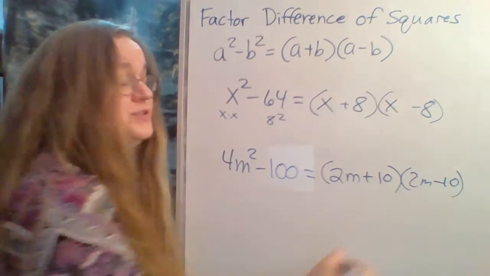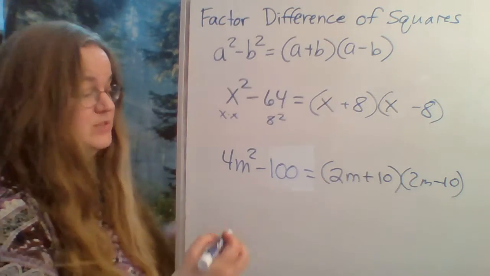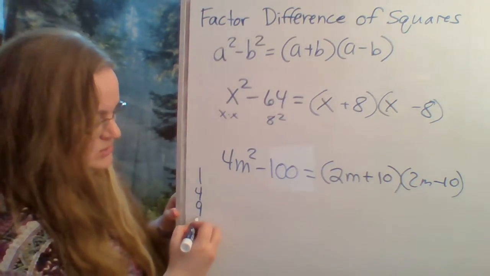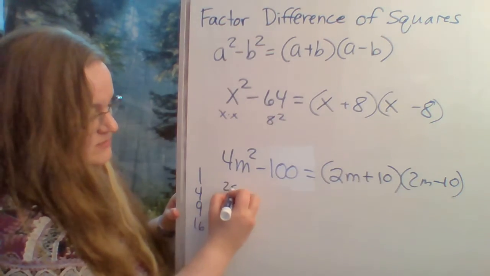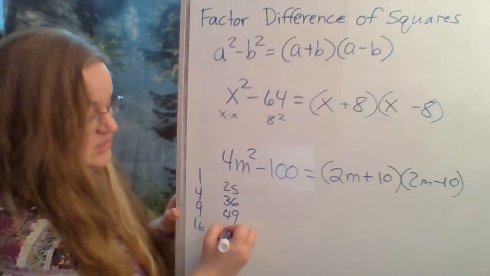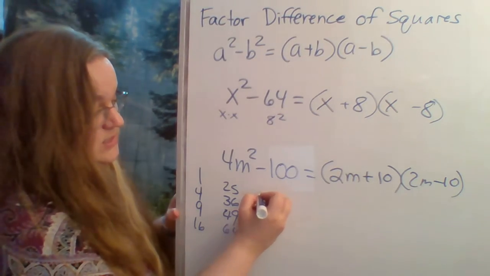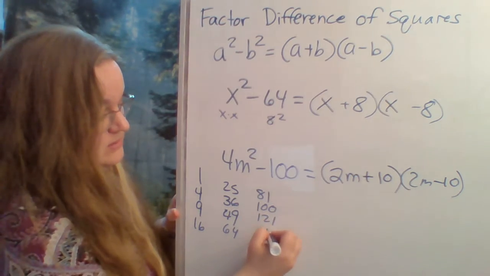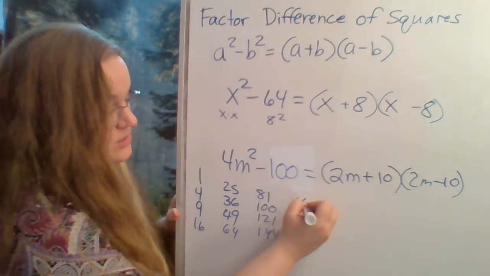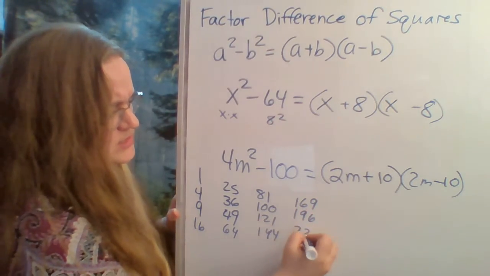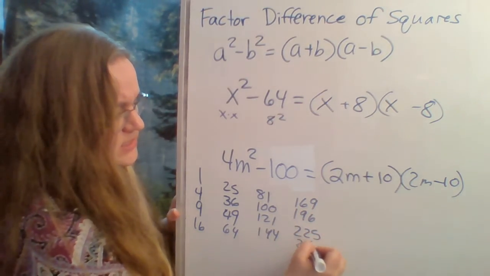It may be helpful to list out some of the square roots. So 1 times 1, 2 times 2, 3 times 3, 4 times 4, 5 times 5, 6 times 6, 7 times 7, 8 times 8, 9 times 9, 10 times 10, 11 times 11, and so on. That's 13, that's 14, that's 15, that's 16.